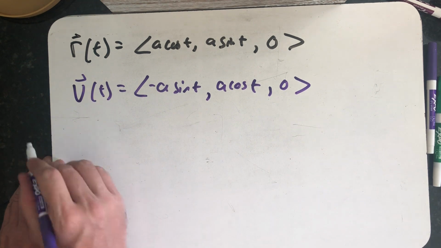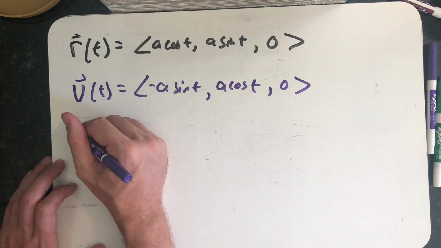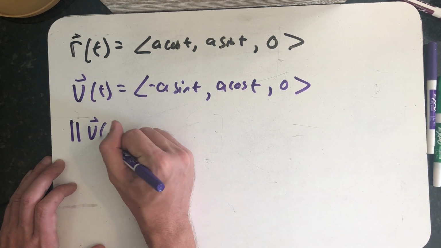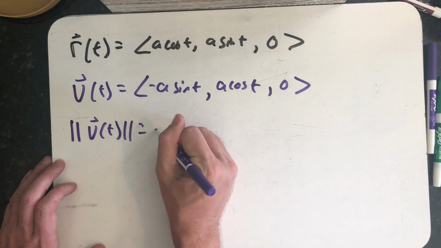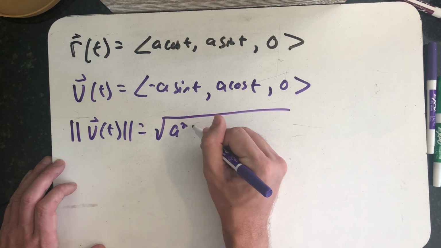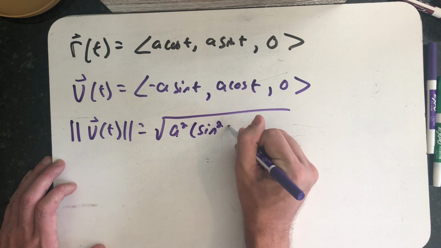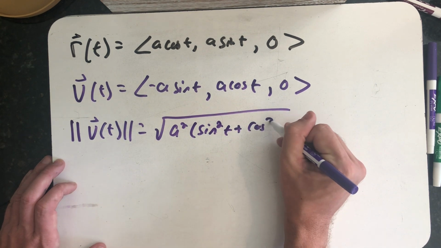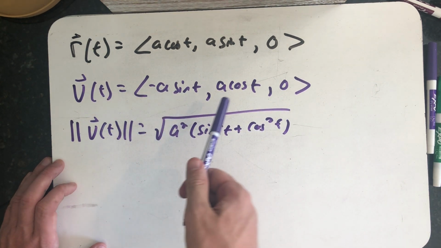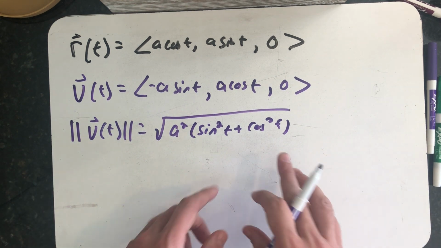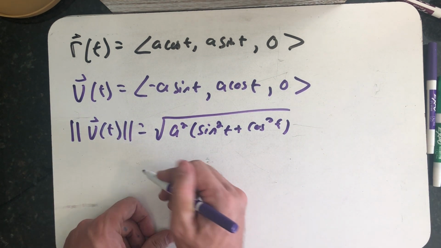All right, so I've found velocity. Let's find speed. And I'm skipping a step here. A squared sine squared t plus a squared cosine squared t. Go on and factor out an a squared.